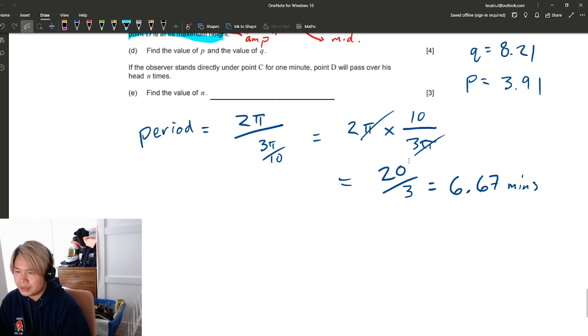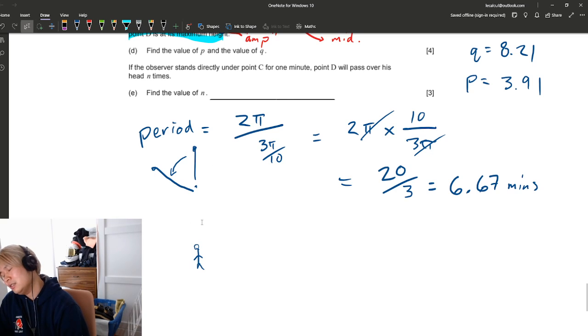It takes 6.67 minutes to go around the blade once. So if you're standing here, and then it starts here, if you rotate 1 minute, that's not that much. That means you only rotate like this much. So, is point D going to pass over the head at all? I don't think so.